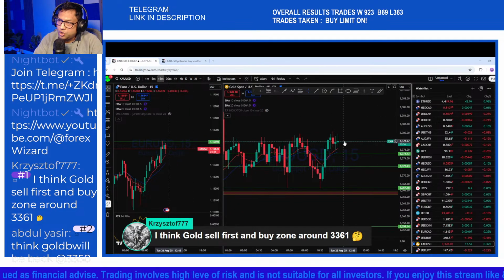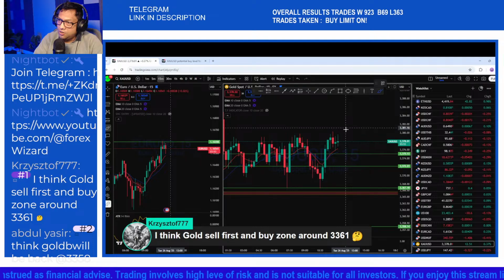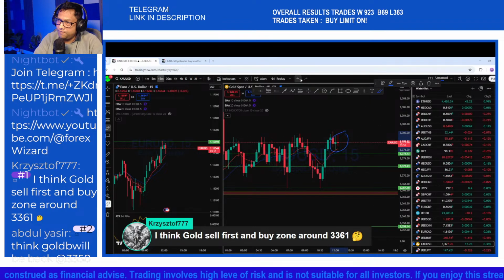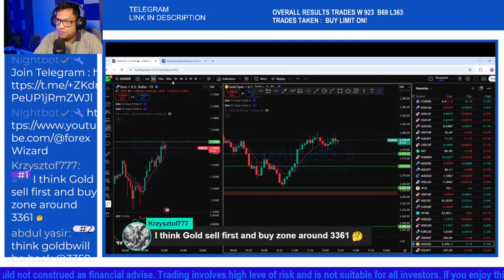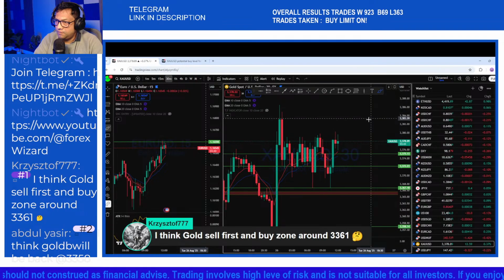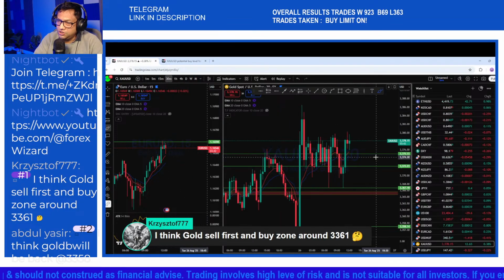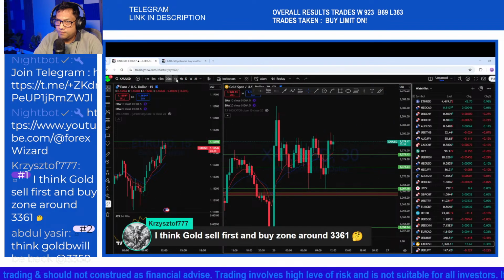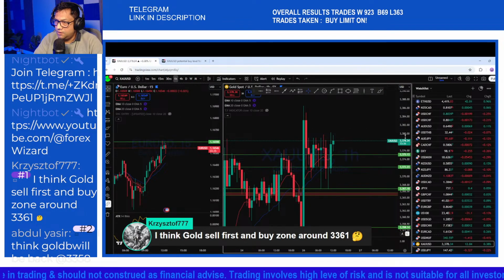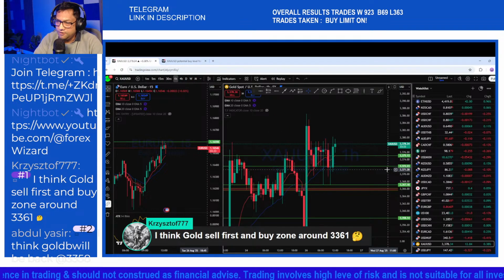Yeah, back to back, 2 long wick doji formations here in that area. And with these 2 dojis, this is the 1 hour here.